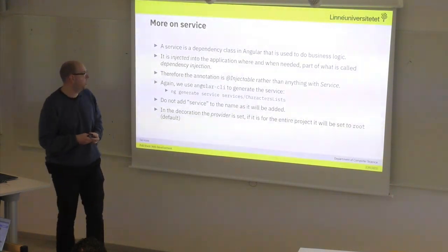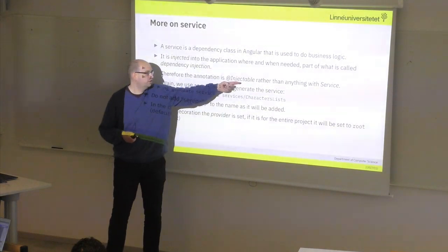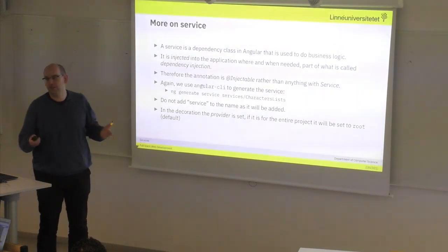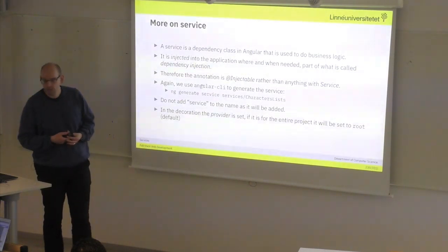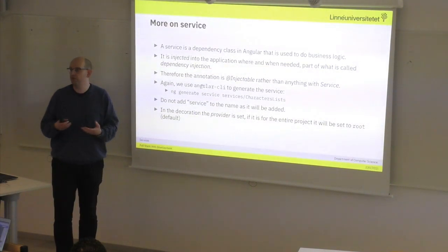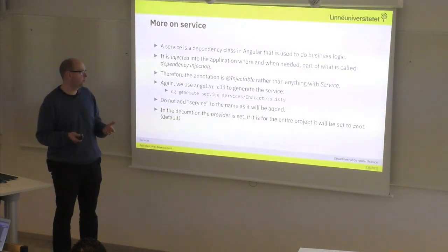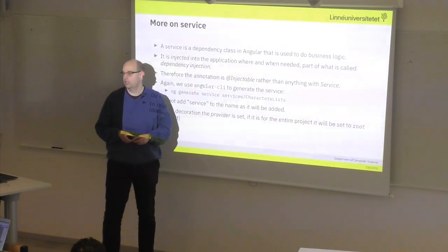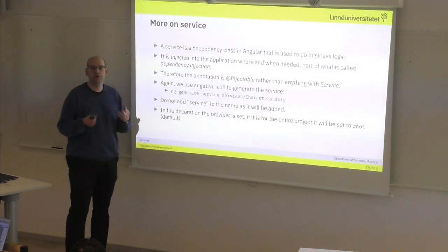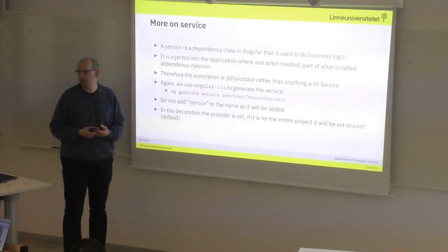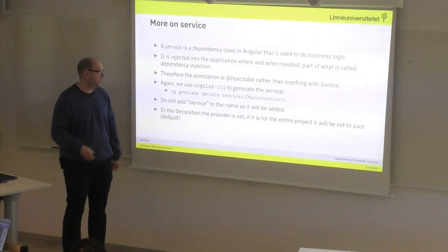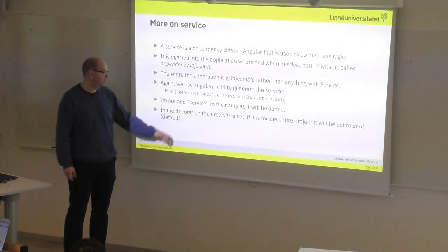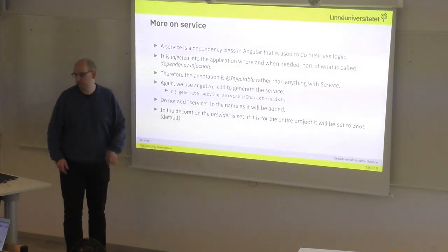And that's why we have the annotation Injectable rather than something like @Service. We can use the CLI in order to create services, and we usually put them in a separate folder called services. We don't have to add service to the name because that's going to be added by the CLI. ng generate service, or if you're lazy, ng g s.